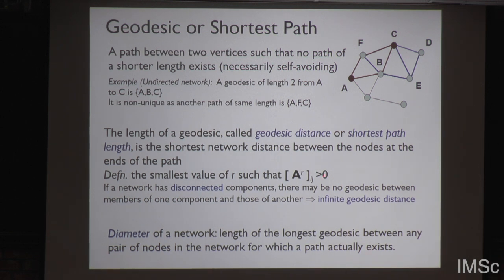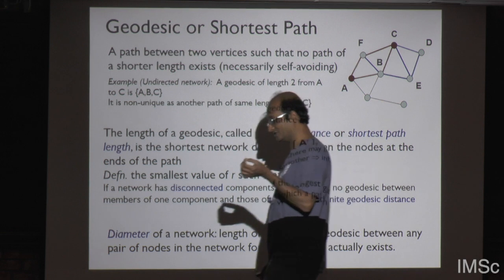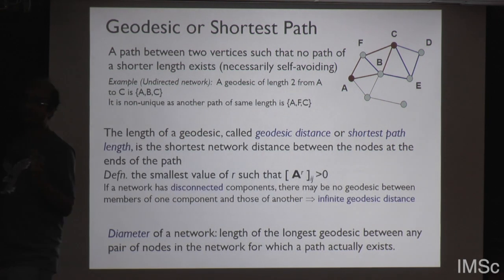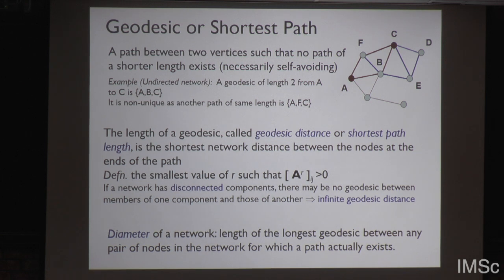And so the general definition is, it's the smallest value of R such that A raised to R, that ijth element, is non-zero, and for all the other smaller values of R, the corresponding ijth element is 0. That means you will not be able to find a path of shorter distance which connects I to J. R is the length of the minimum path. Okay? And of course, if you have two disconnected fragments, you would have an infinite geodesic distance.